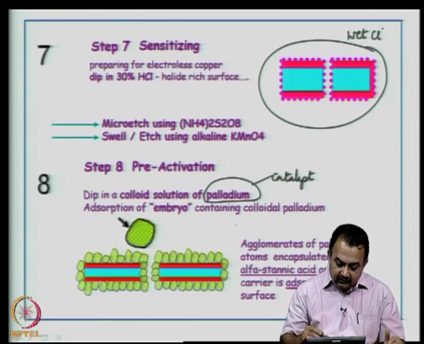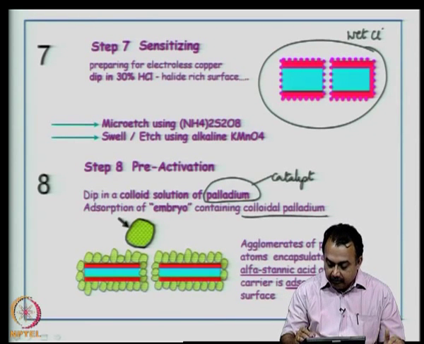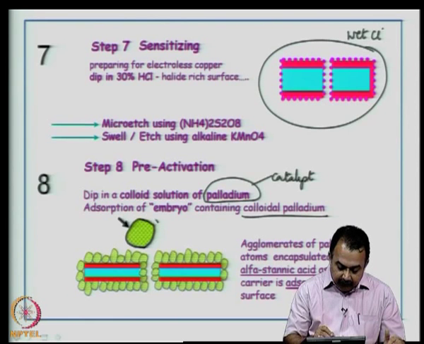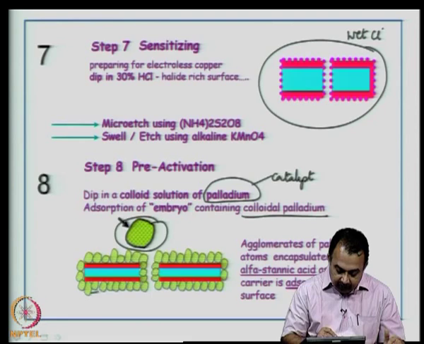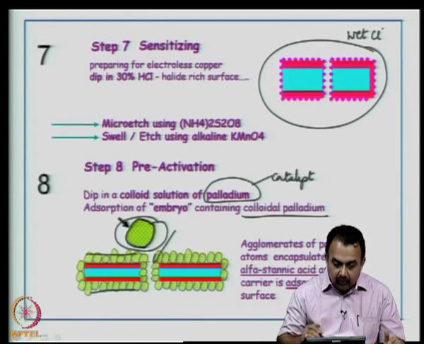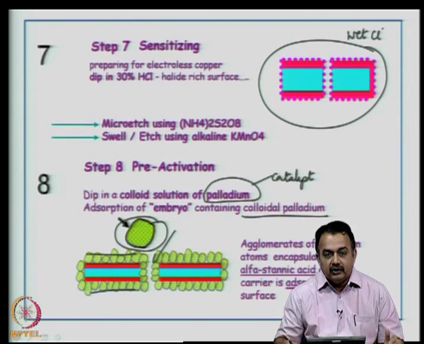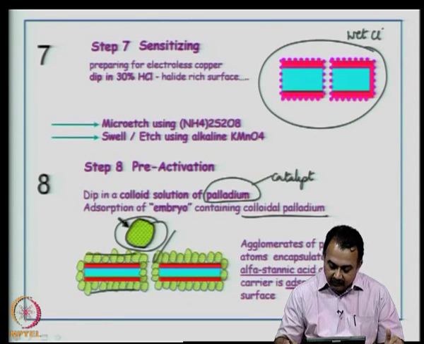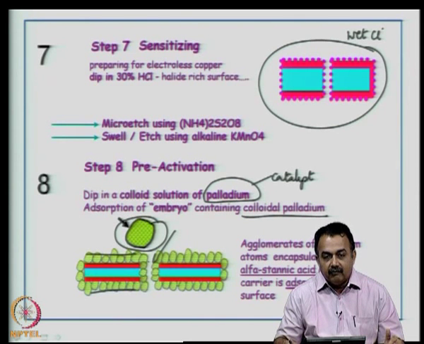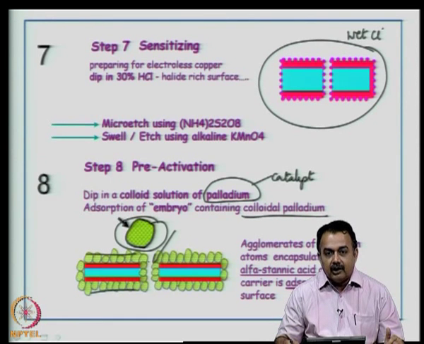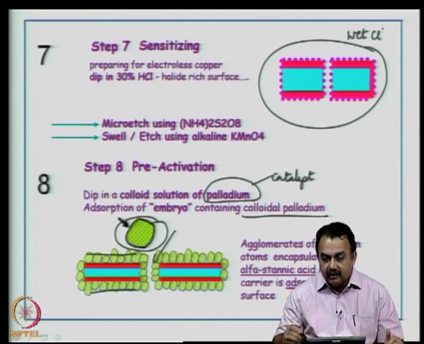Now, what we are doing is there is a colloidal palladium typically represented by this structure here. This has to be adsorbed on the entire surface of copper as well as the through-hole wall surfaces. So, imagine a picture like this, what I have shown here: agglomerates of palladium atoms encapsulated in alpha stannic acid as a carrier for the palladium. It is adsorbed on the surface.